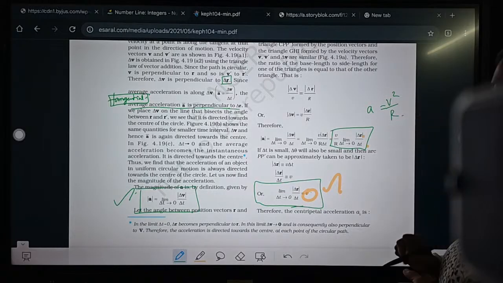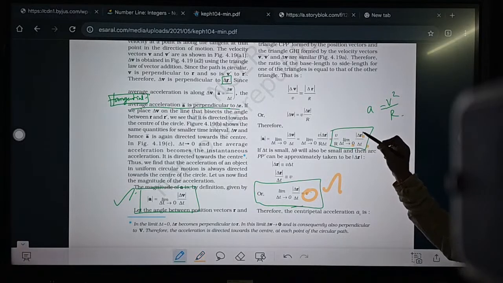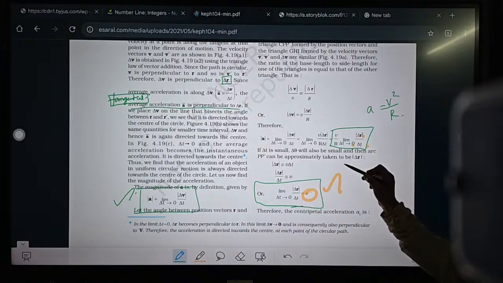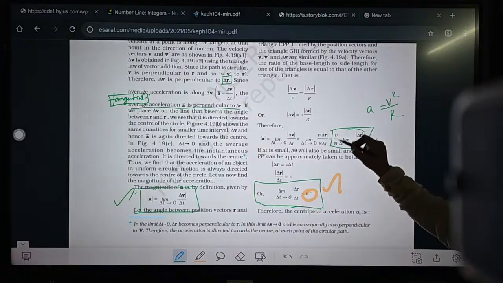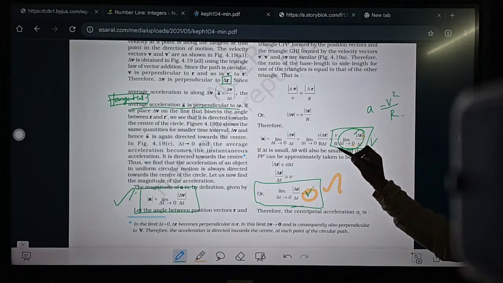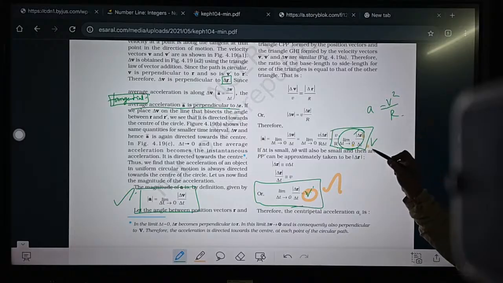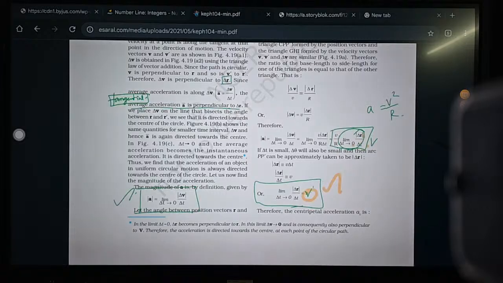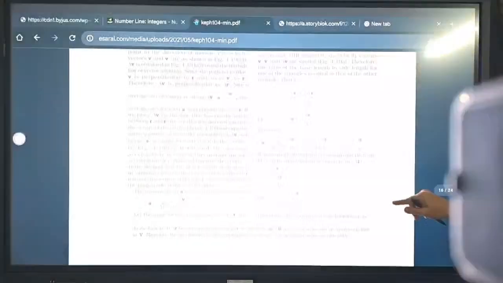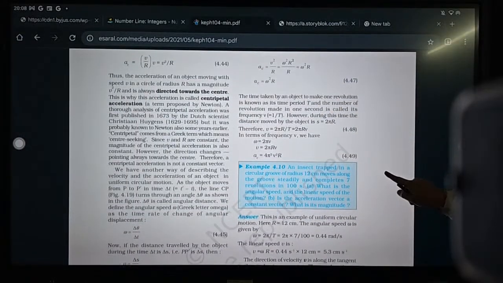Can we write like this? The limit as delta t tends to 0 of delta r by delta t, the rate of change of displacement, is v. Instead of all these things, we can replace v. So v by r is already there, so v into v square by r. So this is called the centripetal acceleration, v square by r.